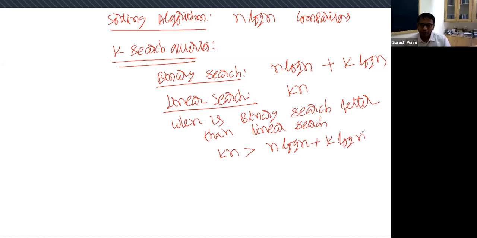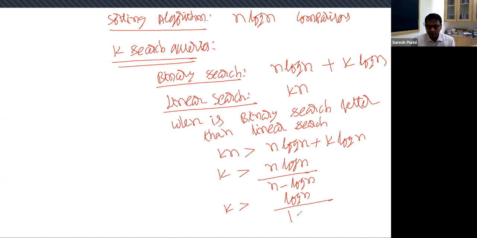Even if it is not, the base is not that important. So k is greater than n log n divided by n minus log n. That is, k is greater than log n divided by 1 minus log n divided by n.